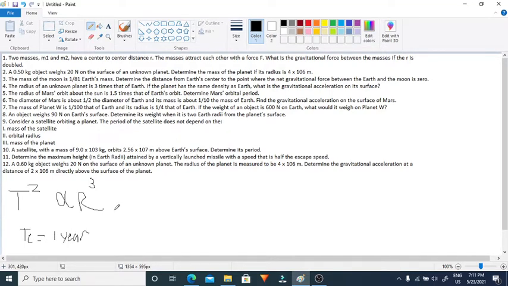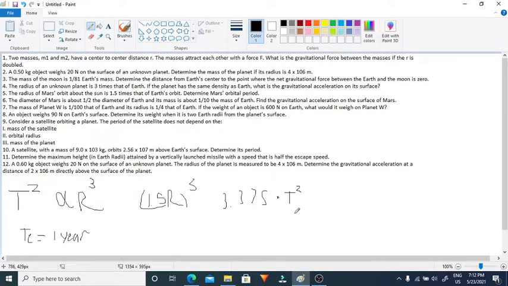And we know that any change in the r cubed is going to equal the change in the period squared. So since we're changing the radius 1.5 times, we're going to cube 1.5r and end up with 1.5 cubed, which comes out to be 3.375. So 3.375 is the change in the period times T squared.